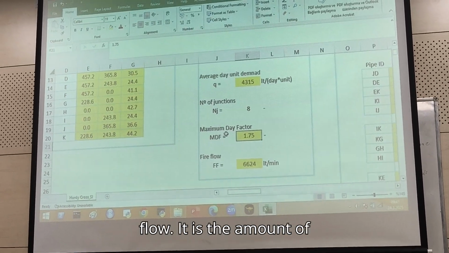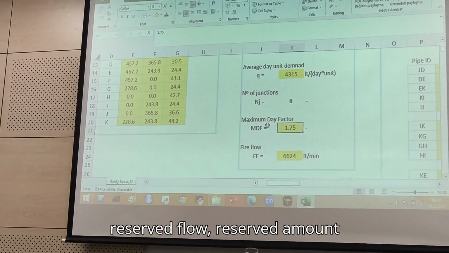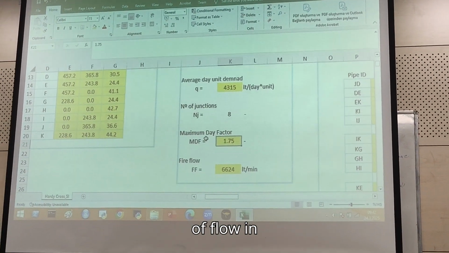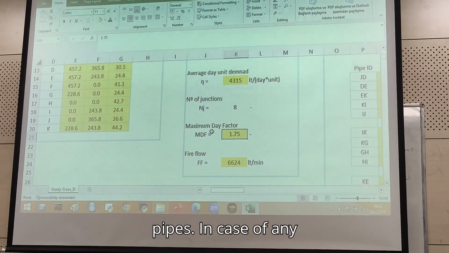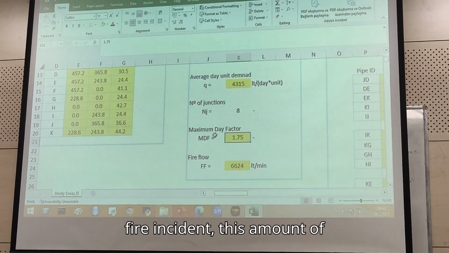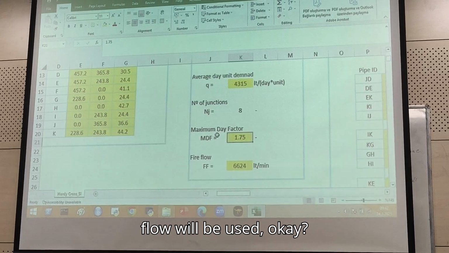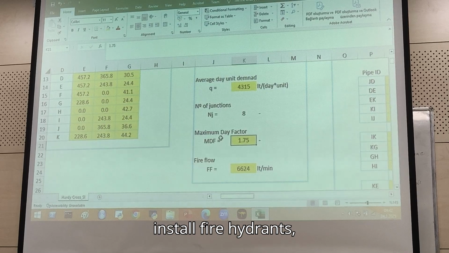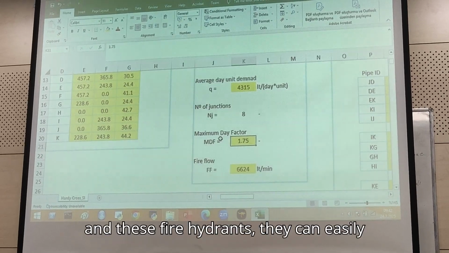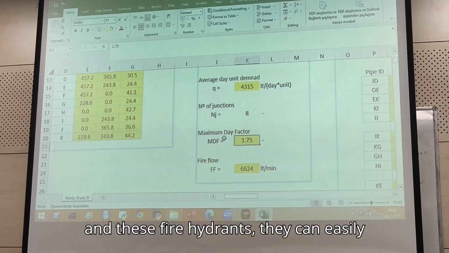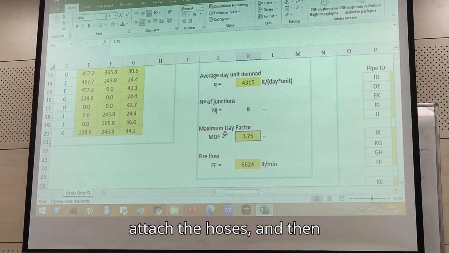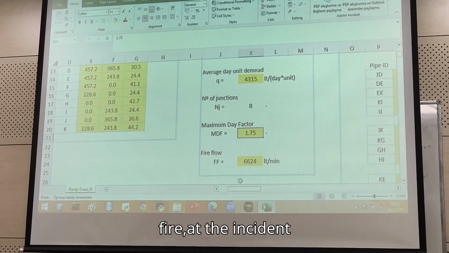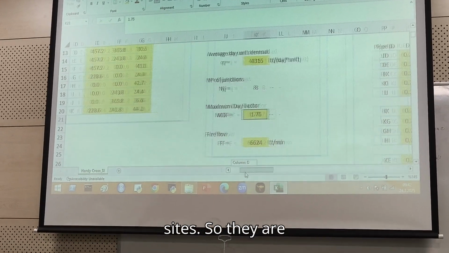And fire flow, it is the reserved amount of flow in pipes in case of any fire incident. This amount of flow will be used, okay? And how do they use it? They install fire hydrants, and in these fire hydrants they can easily attach the hoses, and then they will try to extinguish the fire at the incident site.